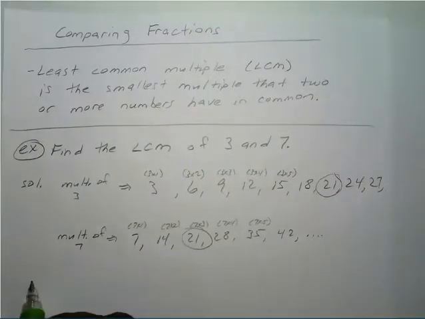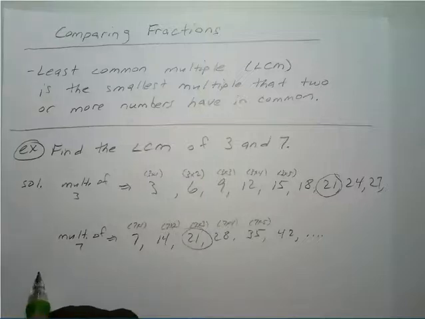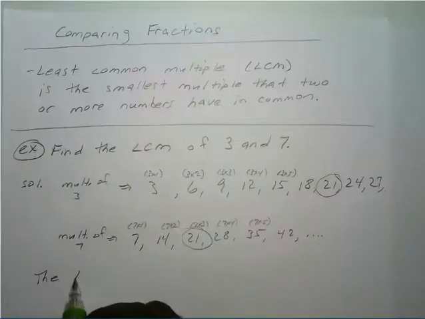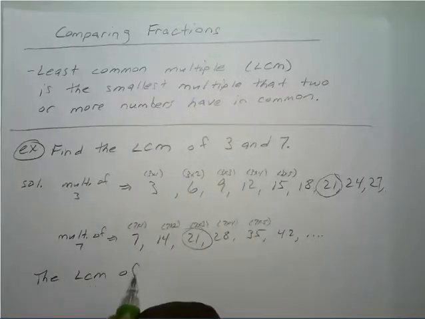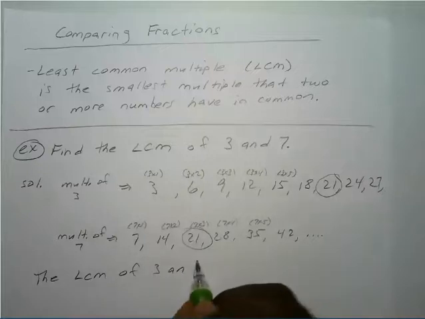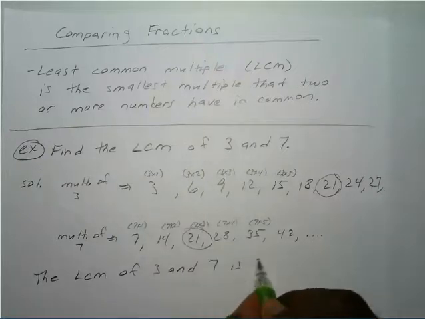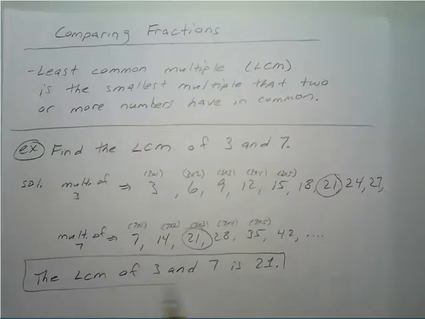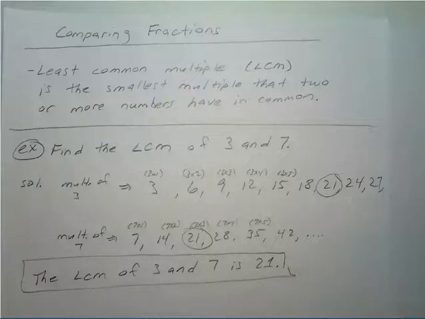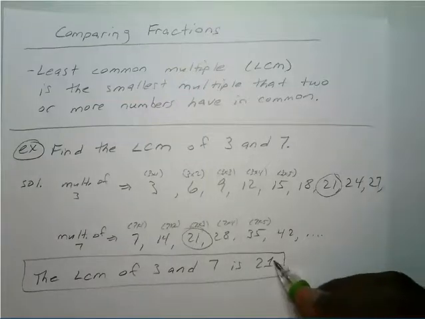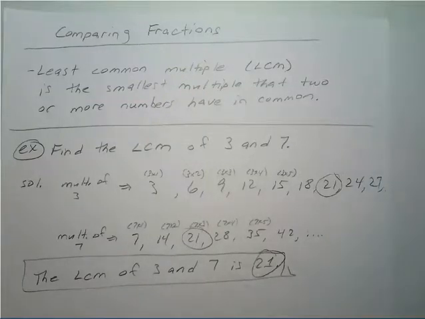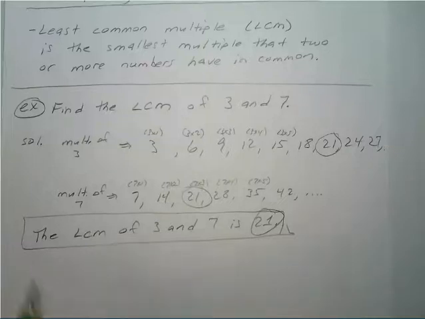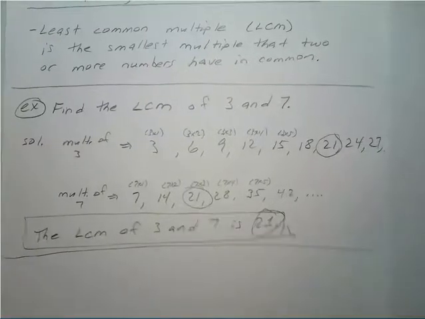So that means the least common multiple of 3 and 7 is 21. Might as well circle that. All right. So let's go ahead and move this up a little bit.